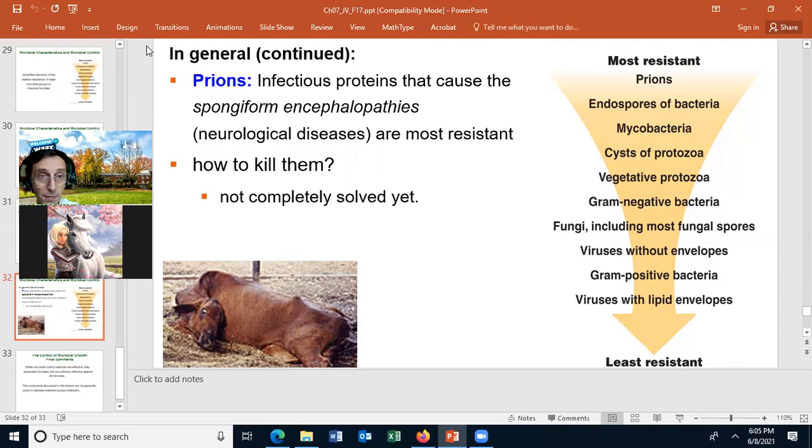The problem of how to treat prions has not been completely solved yet. For the British, what they did was they incinerated the cows that had mad cow disease and then destroyed the prions. For surgical instruments, most surgical instruments cannot be exposed to 1,000 degrees Fahrenheit.